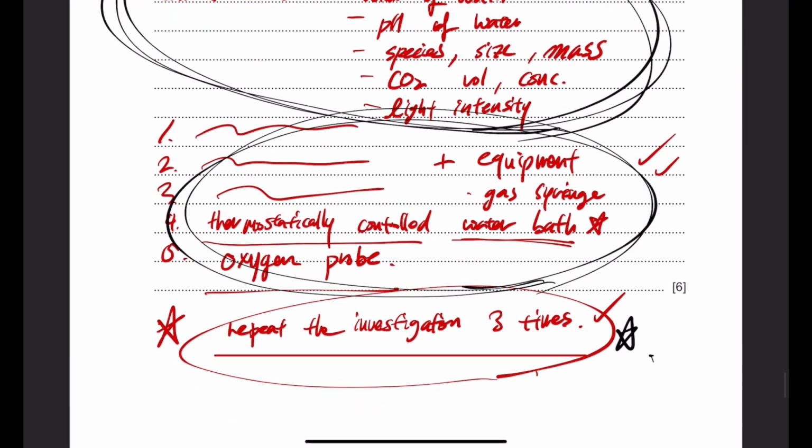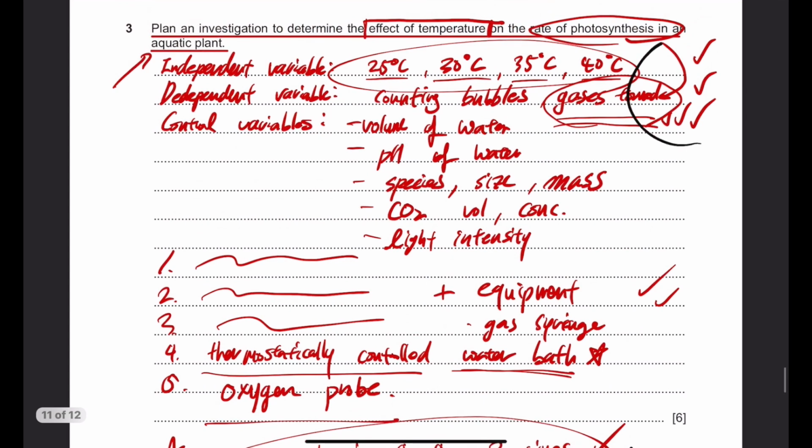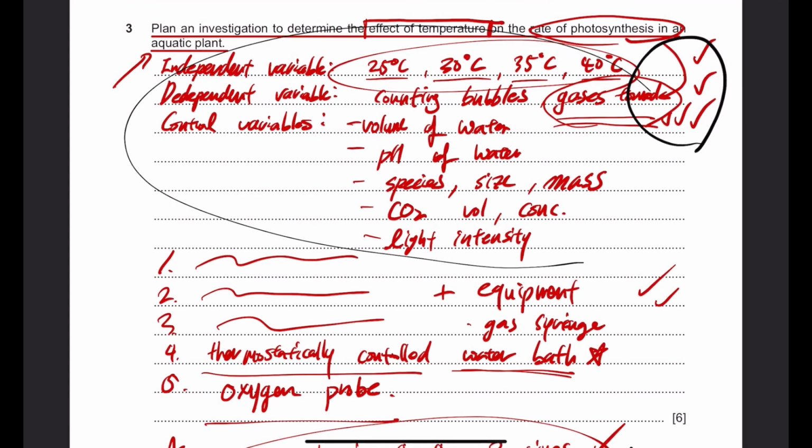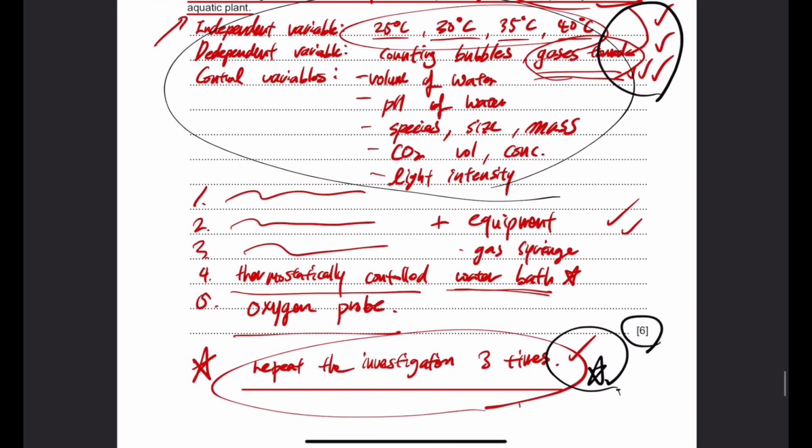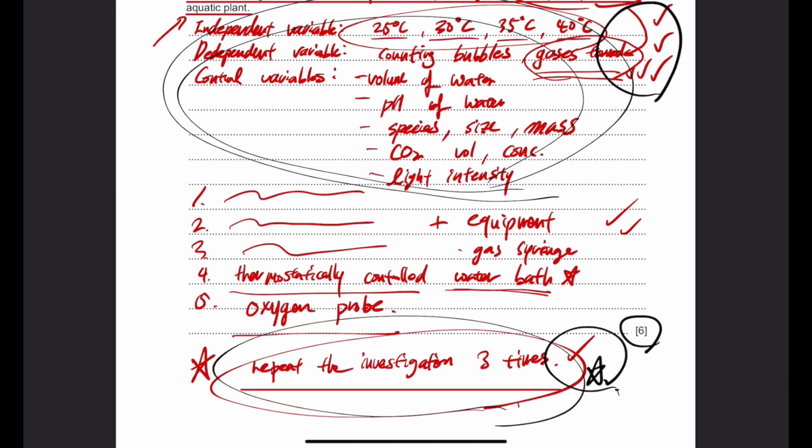So you will already get 5 marks from the top one, writing the variables, and then you will get 1 more mark for repeating. That's total 6 marks. So if your teacher is lazy, you're very likely to just read the top part and the bottom part, and probably just neglect the middle one, and give you all 6 marks. So this is 1 tip that I can give to you. Okay?